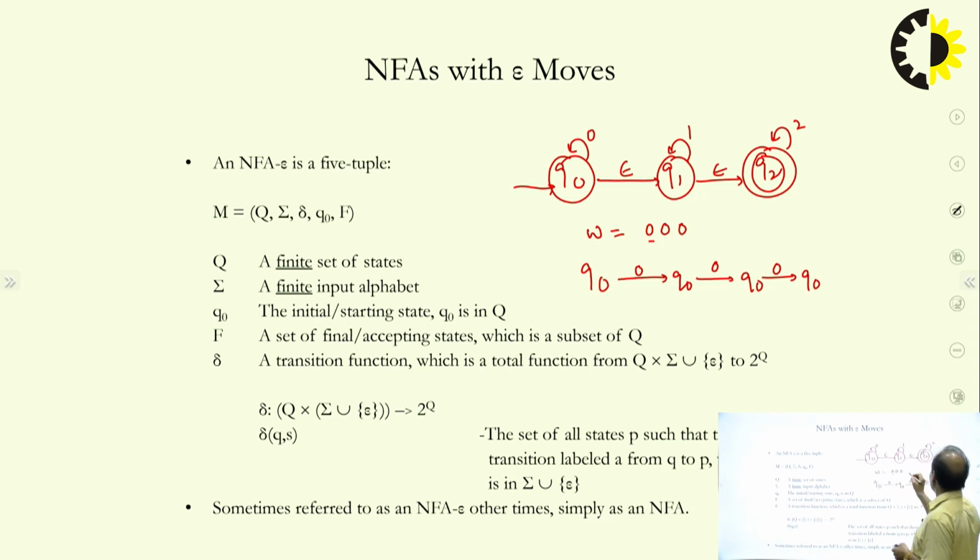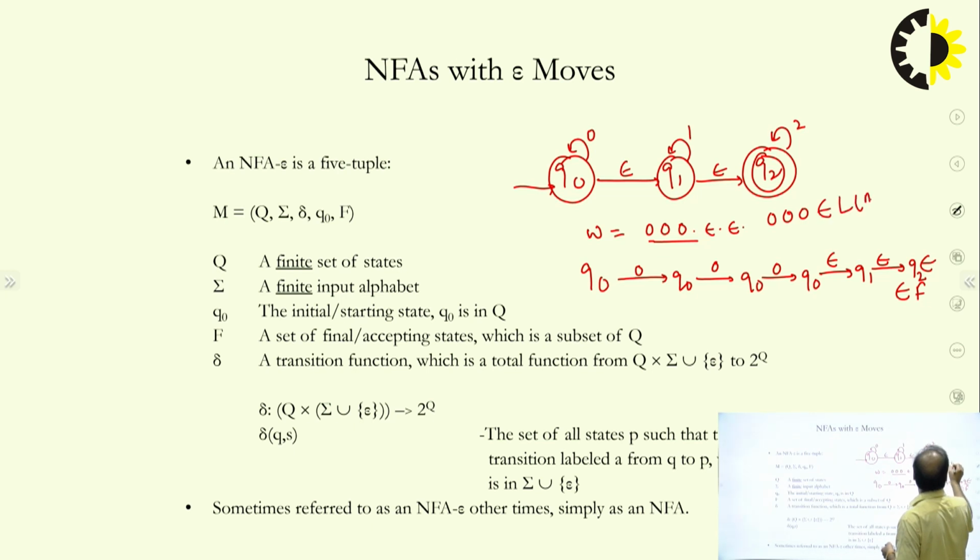After this you can have epsilon, epsilon here. So on Q0 you can take epsilon to reach Q1, and then again on epsilon you can reach Q2, and this is the final state. That means 000 is going to be accepted, it is part of the language accepted by the finite automata. So this is more powerful.